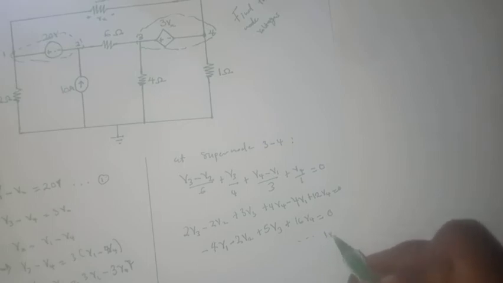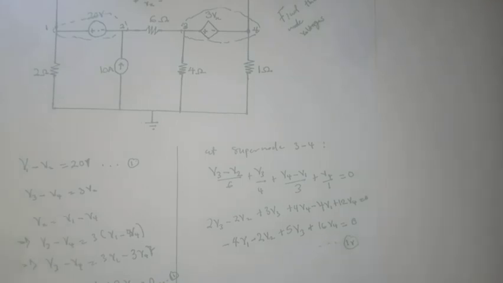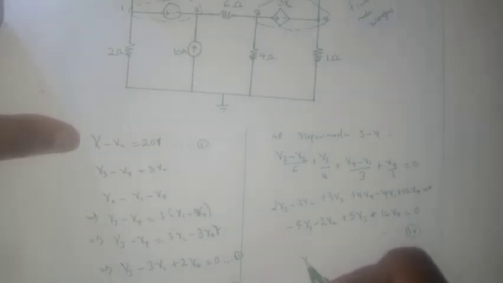We are looking for 4 unknowns, and we have 4 equations. We have enough equations to find our 4 unknowns. So from the first equation, we know that V2 equals V1 minus 20.